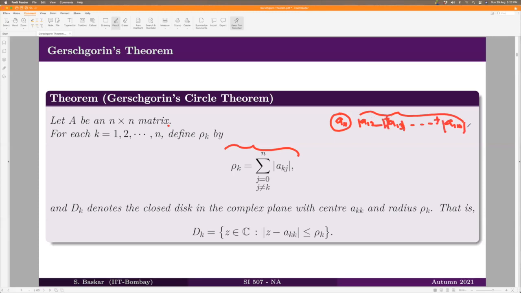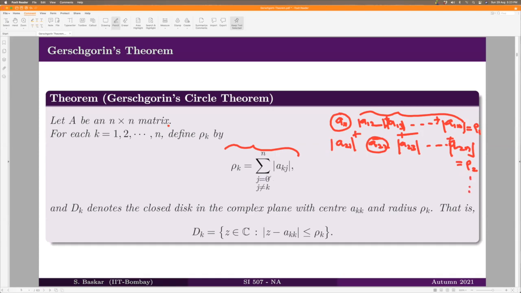That is what is denoted as rho 1. Similarly, take the second row, A21, A22, A23, and so on up to A2n. Again, leave the diagonal element, take all the non-diagonal elements, sum them up, and that is what is called rho 2, and so on.